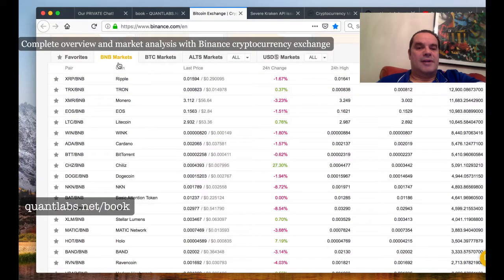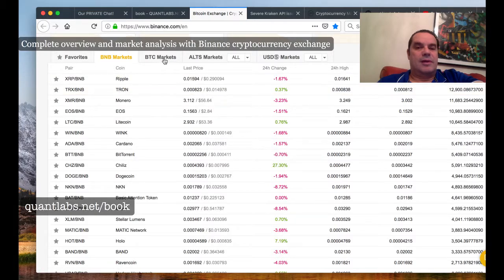So BNB is 34,000, with Ripple, Tron, and Monero the top 3 in the BNB markets.